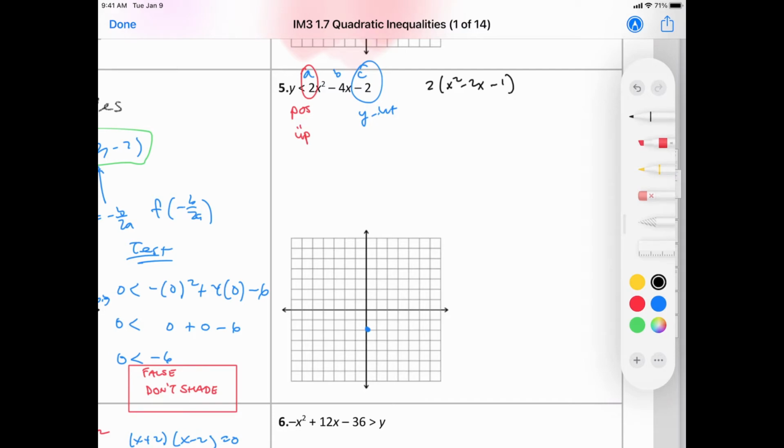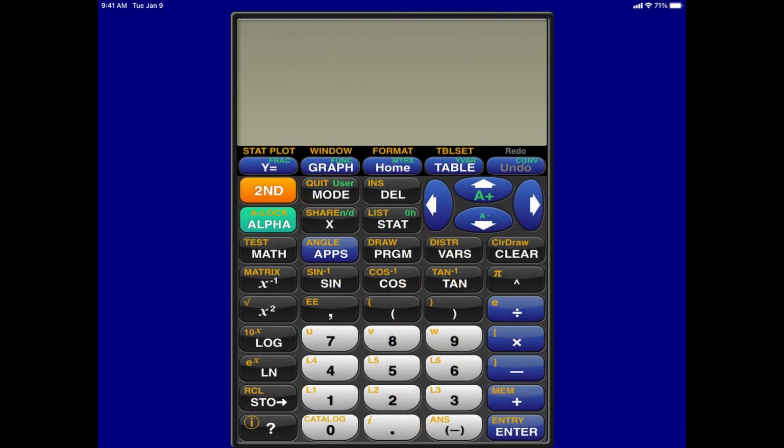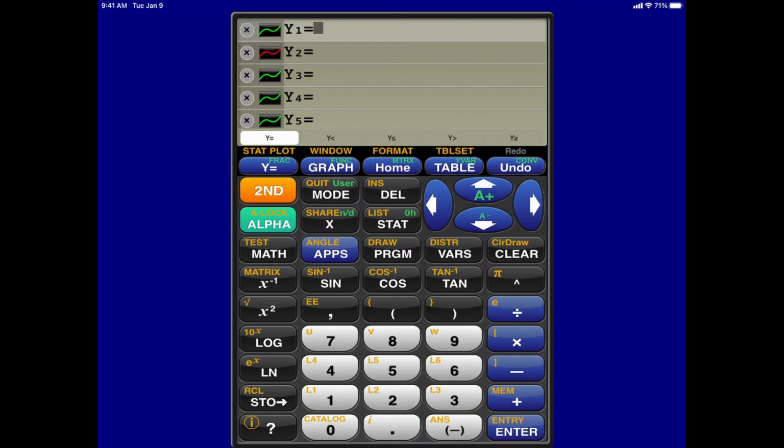Can you factor that? Two numbers that multiply to be negative 1, but add to be negative 2. Nothing. Let's go ahead and graph it. y equals 2x squared minus 4x minus 2.